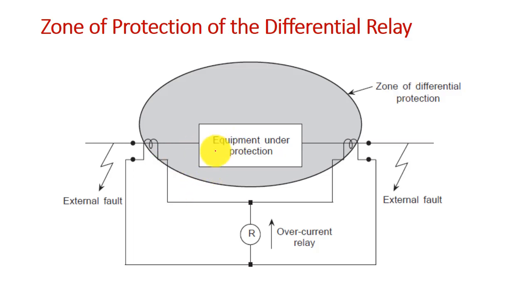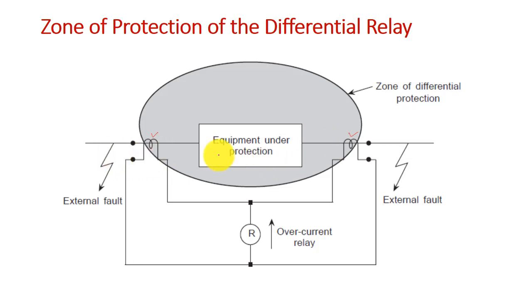The zone is from one CT to the other CT, where the CTs are connected. Any equipment under protection placed inside this zone and connected through this transmission line will be protected by this differential protection.